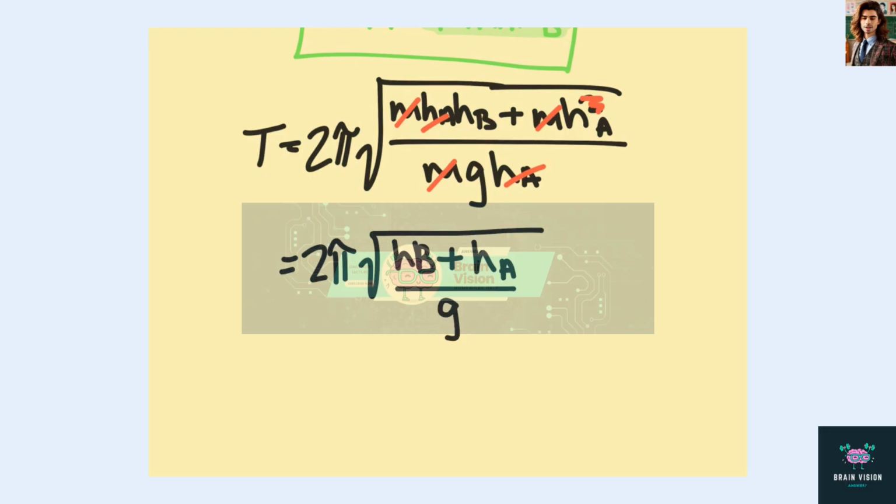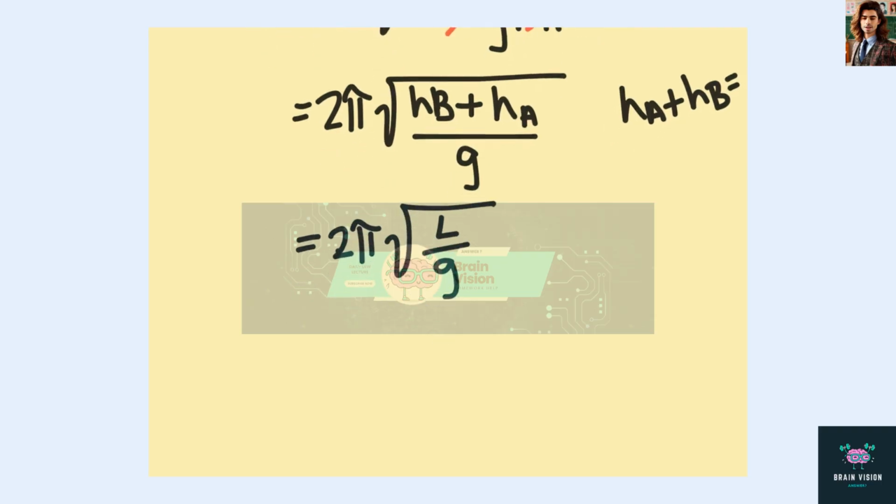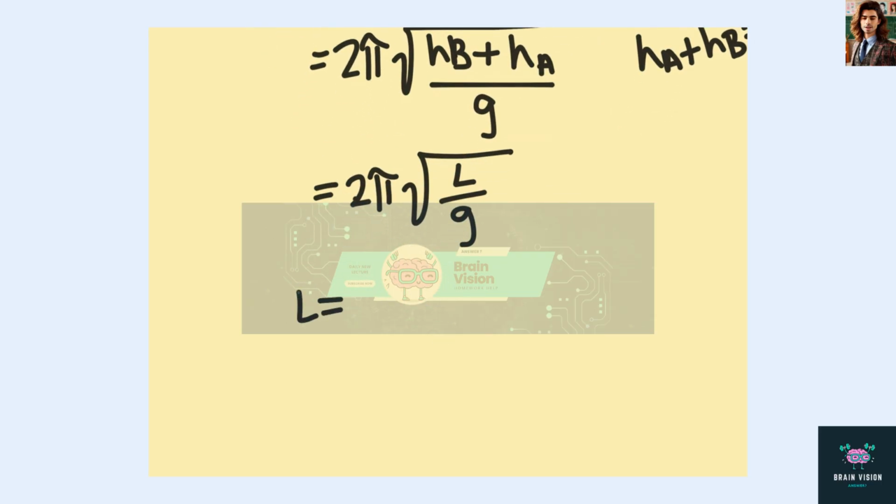And as we said before, HA plus HB equals length. So I can change this to be 2 pi times the square root of length divided by gravity. Solving for length, I have length equals gravity times my period squared divided by 4 pi squared.